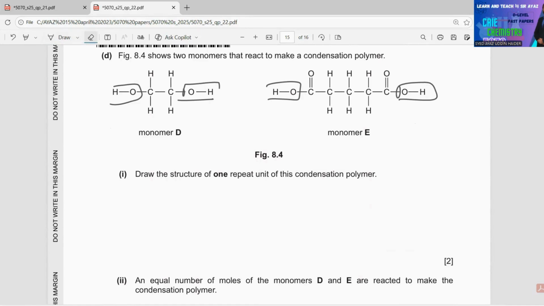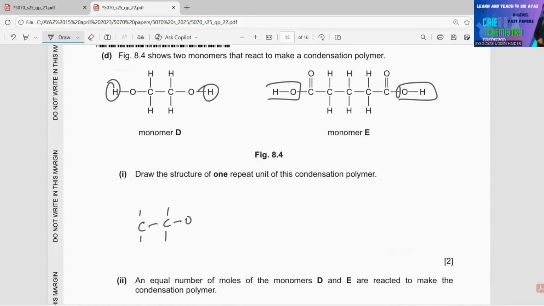So I'm removing hydrogen from monomer D and OH from monomer E. What will I get? I will get this. 1 repeat unit will be like this.